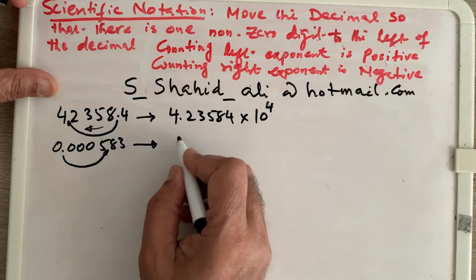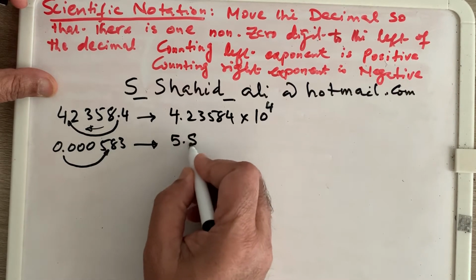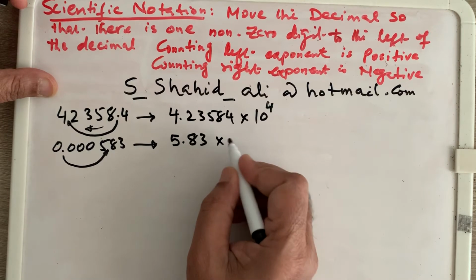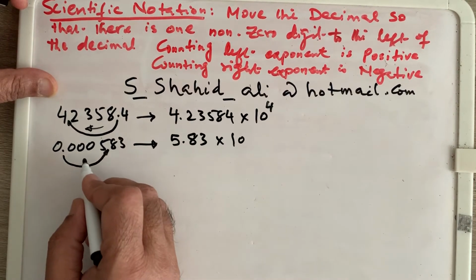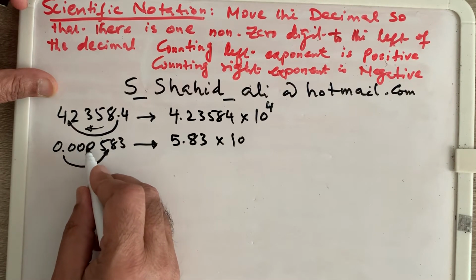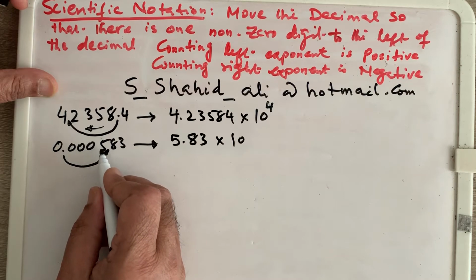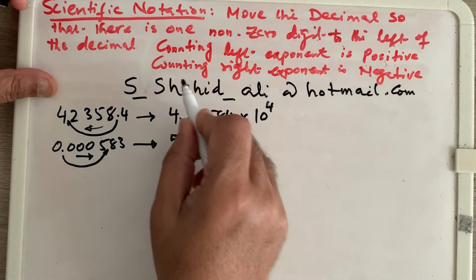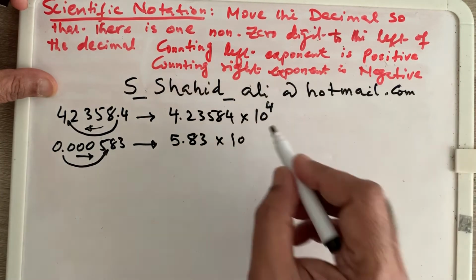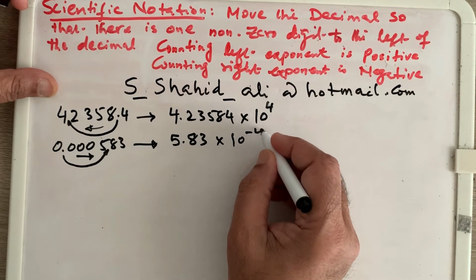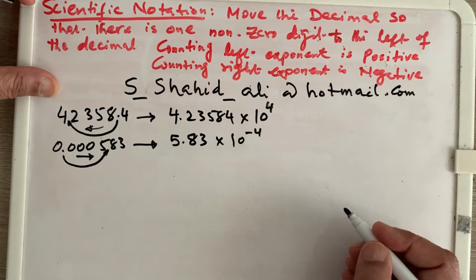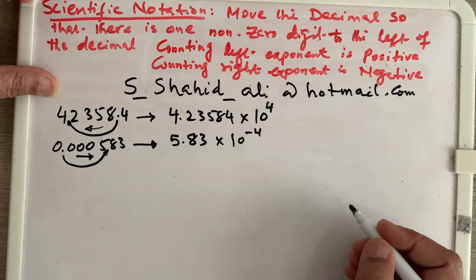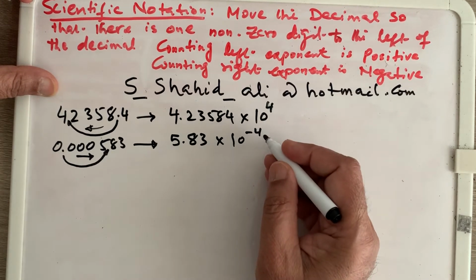So now I put the decimal: 5.83 times 10 to the power. How many digits did I move? 1, 2, 3, 4. 4 digits I move, but which way did I move? I move to the right. Counting right, the exponent is negative. So my answer is 5.83 times 10 to the exponent minus 4 this time.